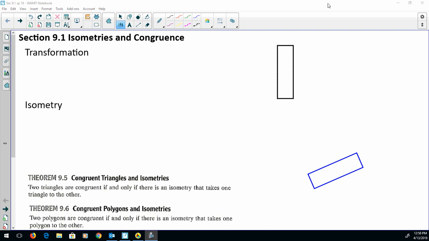First idea here in section 9.1 is the notion of a transformation. Now let me give you the formal definition here. A transformation is a 1-to-1 function from the plane to itself.